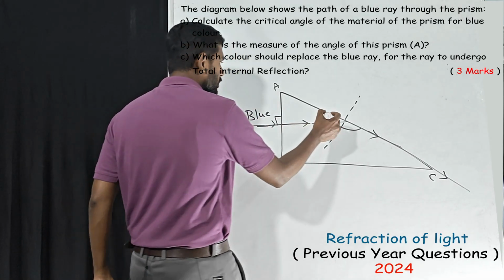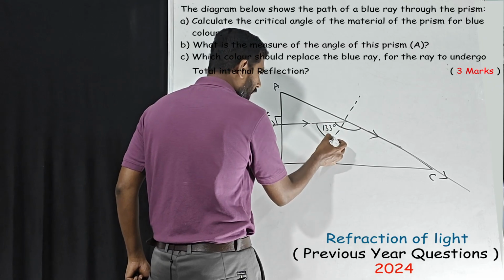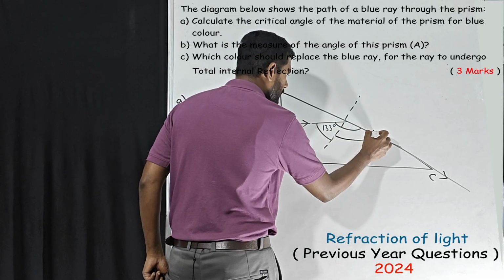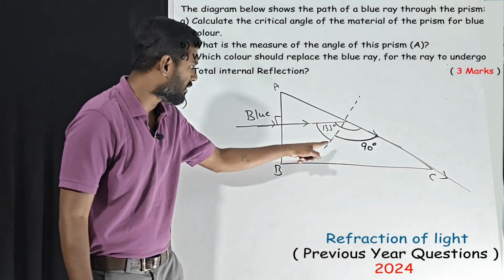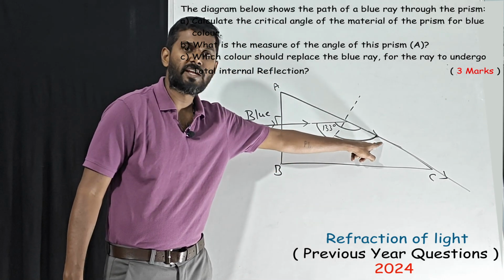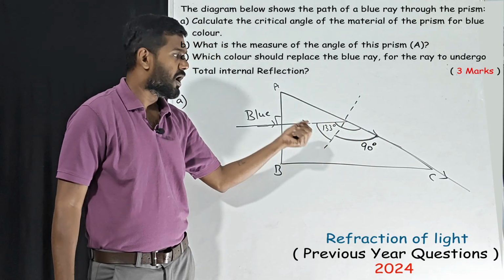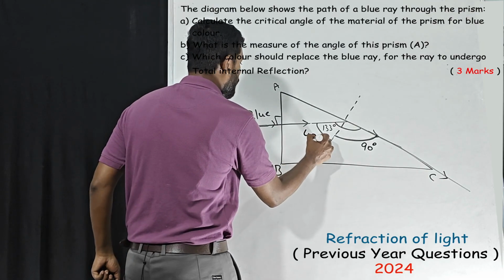See, the total angle is 133, and from the normal till the surface, this one is 90 degrees, we can easily say. Why? Because from the normal till the surface it is 90 degrees and the total angle is 133. Out of 133, if you remove 90, this angle will be 43.